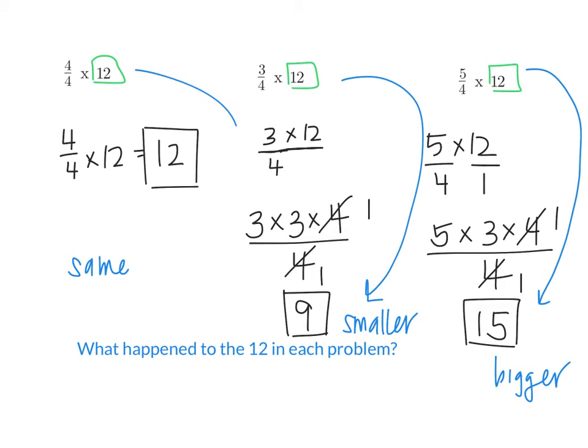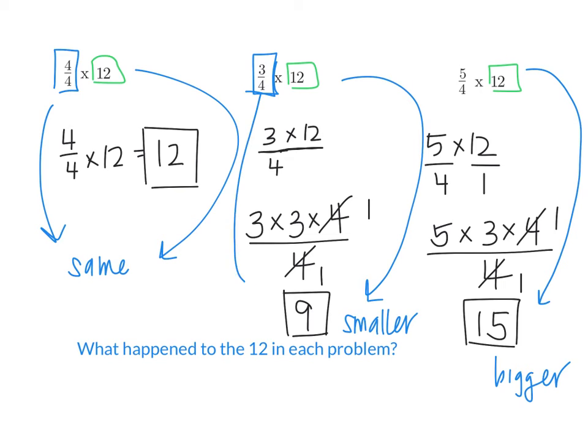Are you noticing any patterns? When I multiply a number by a version of 1, it stays the same. What do you notice about the fraction 3/4? Is it bigger than 1 or smaller than 1? Smaller. So my other factor, which was 12, gets smaller.